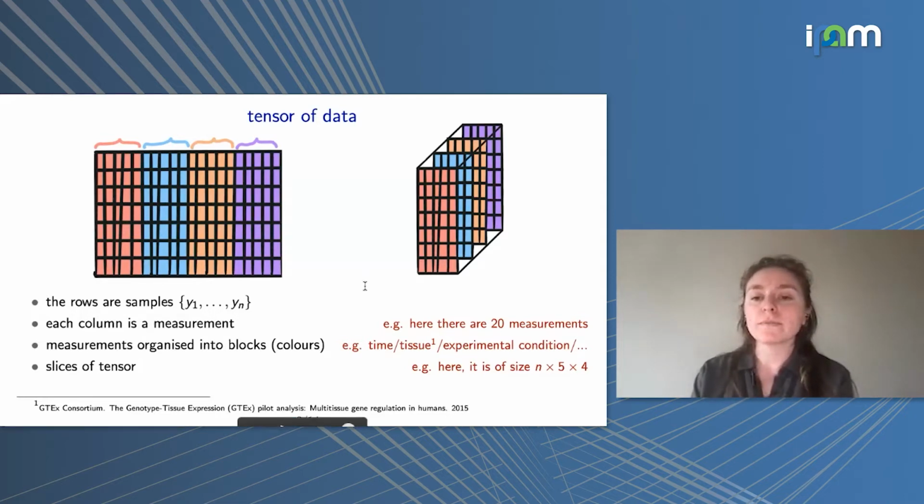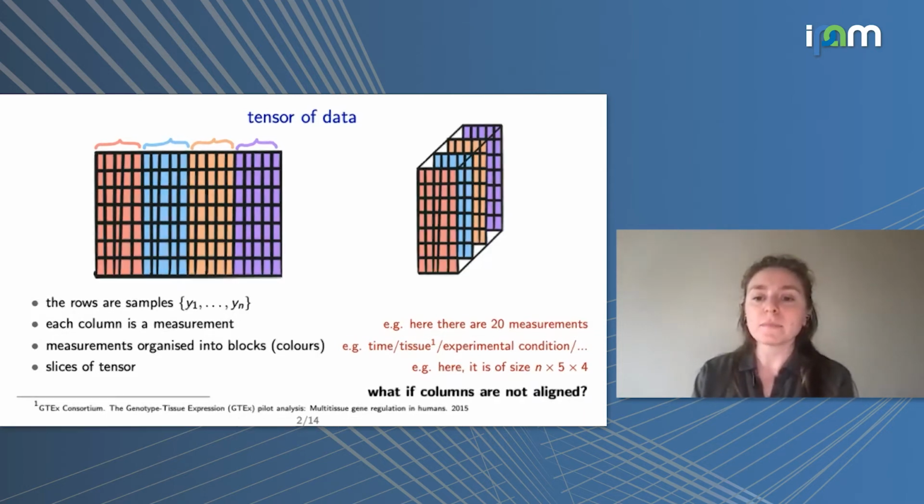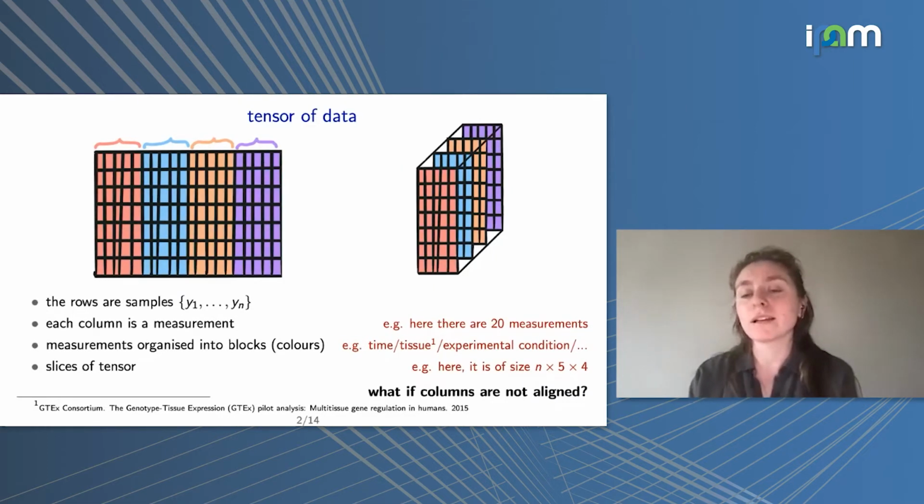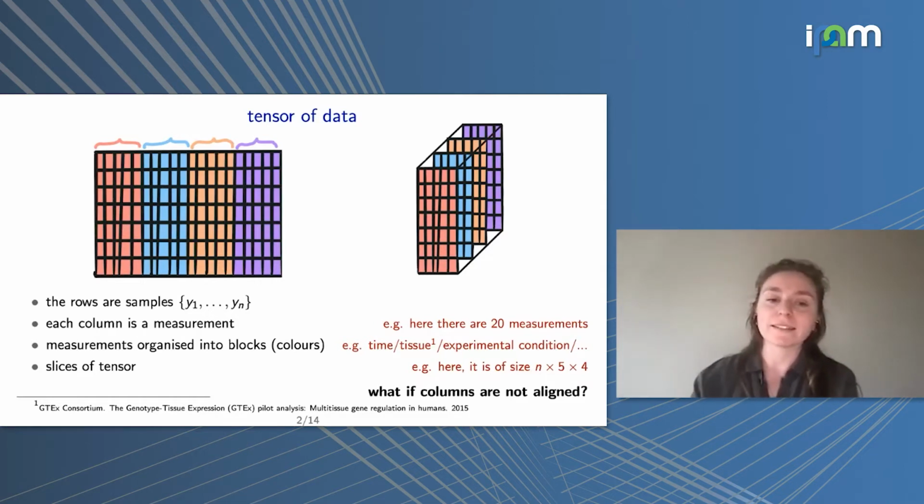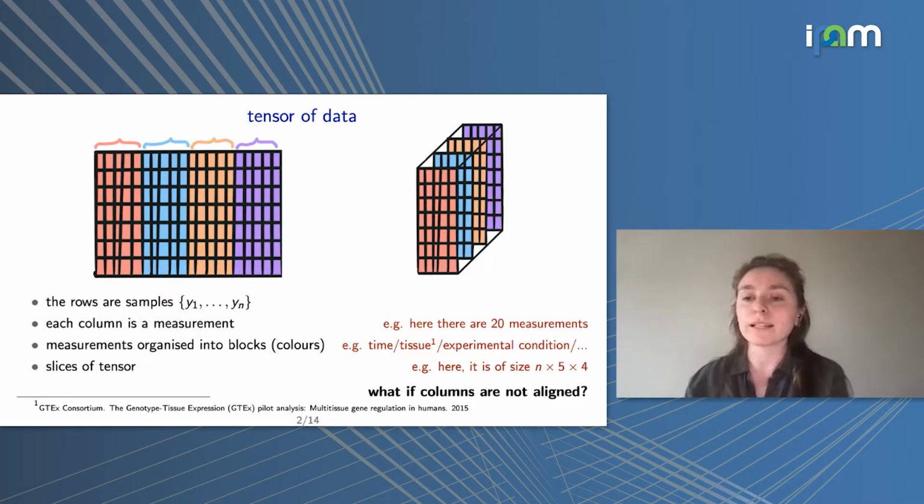Okay, so a motivating question for what I'll be talking about today is: what should we do if the columns are not aligned? If our measurements are aligned in this tensor slices kind of way, then we know that there are lots of tensor algorithms and tools that we can use to find structure in this data, and that we hope are helpful and informative for a particular application.